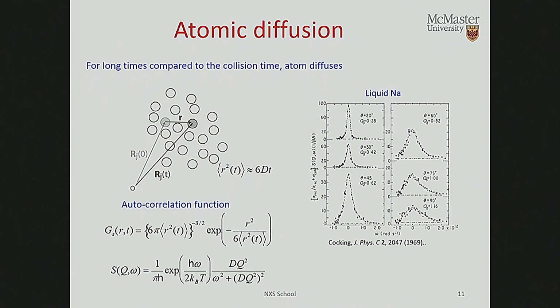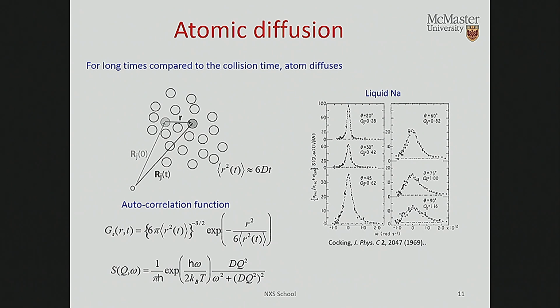Okay, and this sort of information you can understand from what's referred to as quasi-elastic scattering. So we have scattering. And this has been known for a very long period of time. This is data from 1969. And so this type of motion, okay, we can relate it to what's referred to as a self-correlation function.